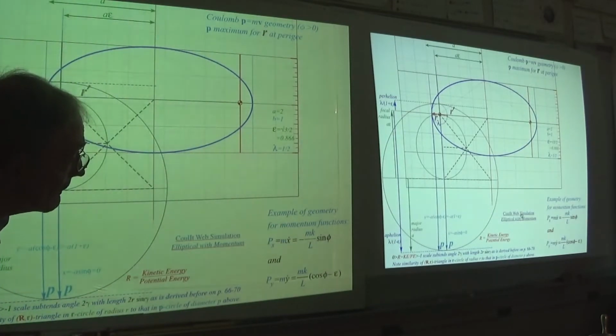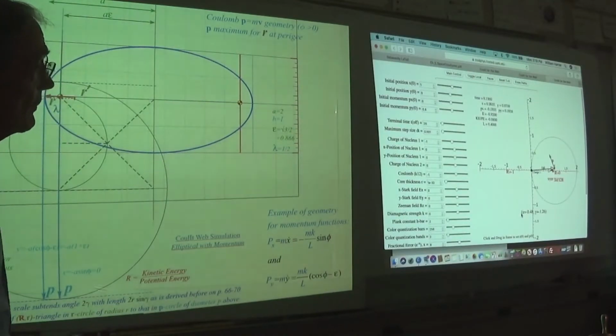So that's it. And of course, there's a typical calculation showing you the p vector. I've got to change the tracing color.